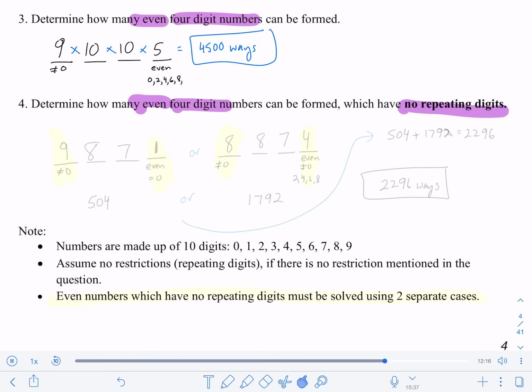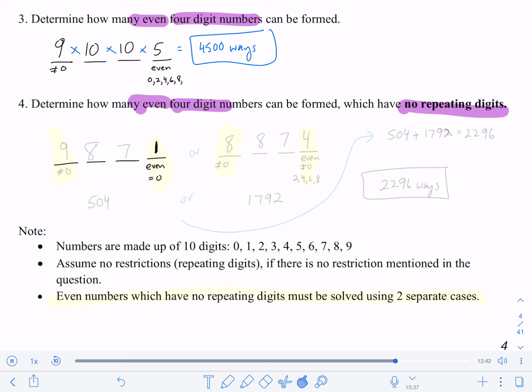This one's very different, and it might not be obvious to you at first, but I want you to imagine for a moment that in order to make this one even, that I chose 0. This is a special case because if I've chosen 0 and I'm not having any repeated digits, so I can say there's only one 0.